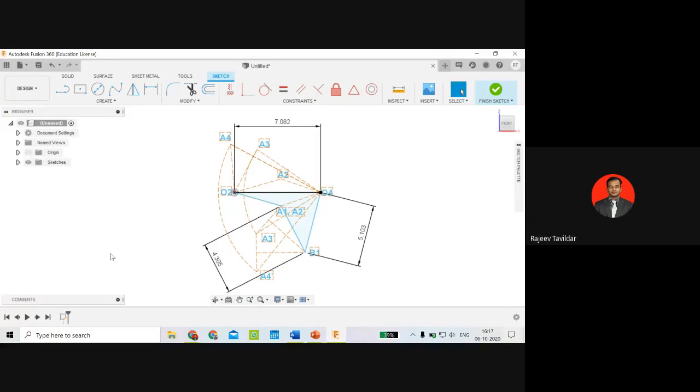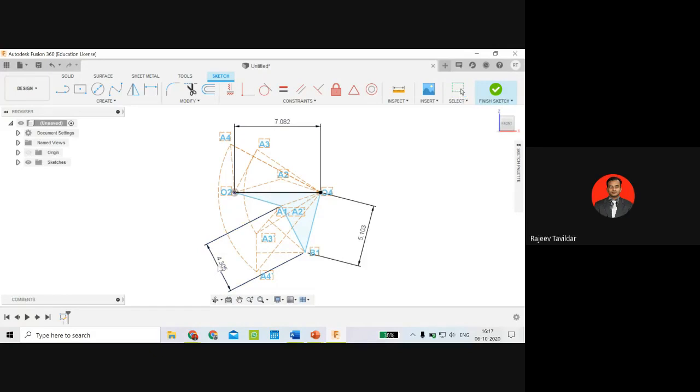So just by assuming one link length, we were able to design or synthesize the remaining 3 lengths of the link so that it can perform the desired operation, that too with prescribed or specific number of precision points.